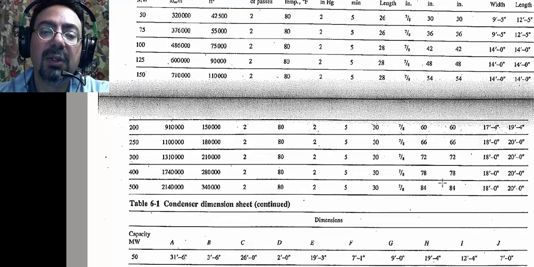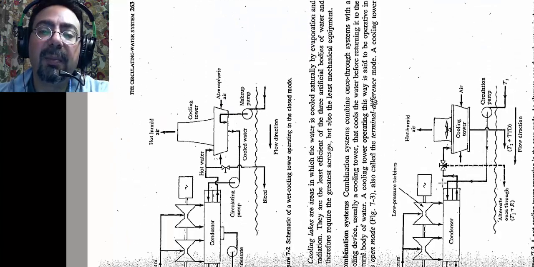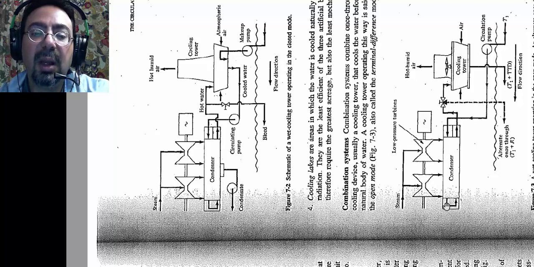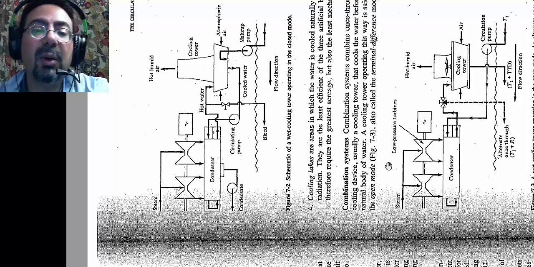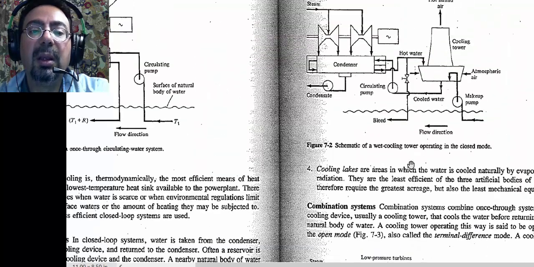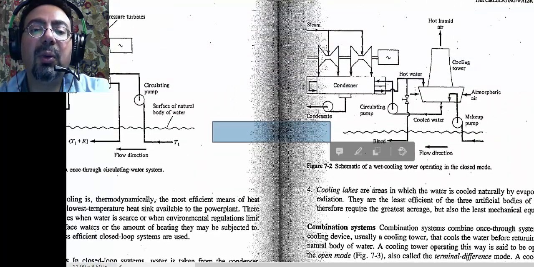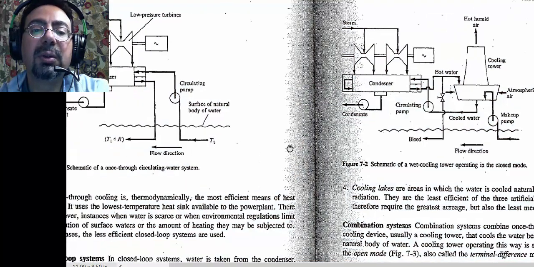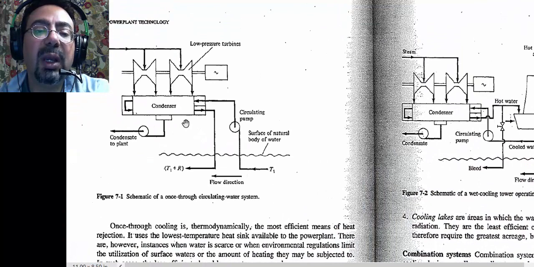Okay, so there are tables to pick the condenser size from. So now over here, once we decided that's going to be this size with this many tubes, he needs the cold water to come in and then the hot water to leave.